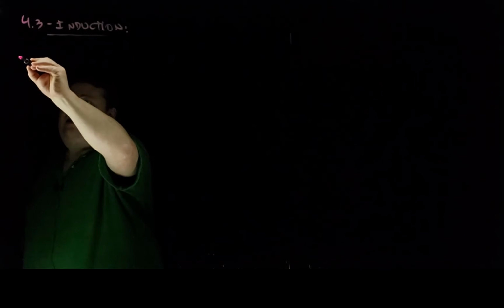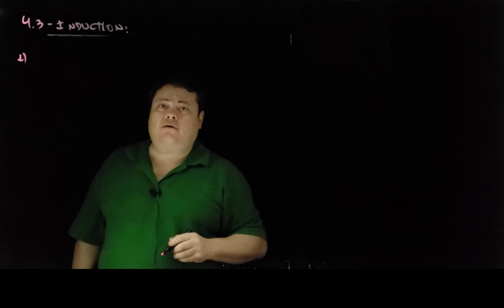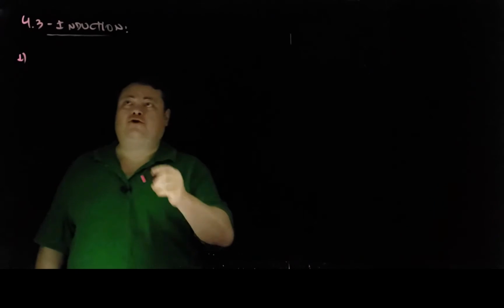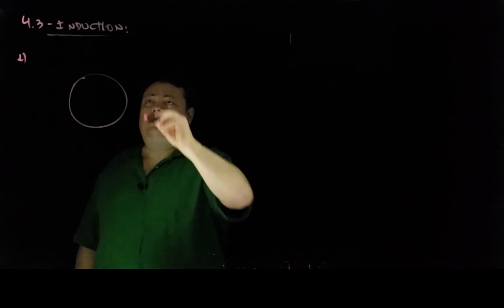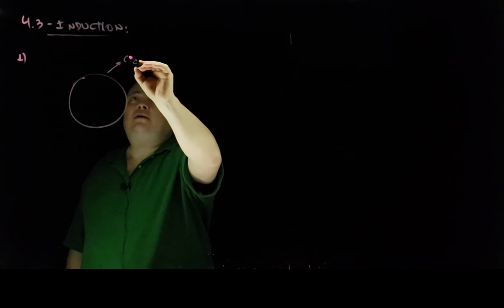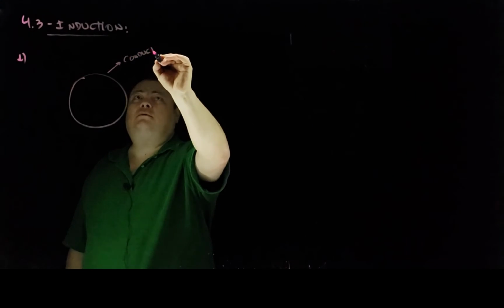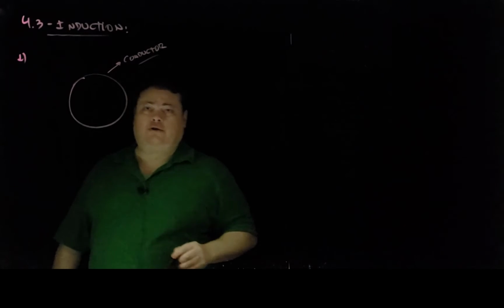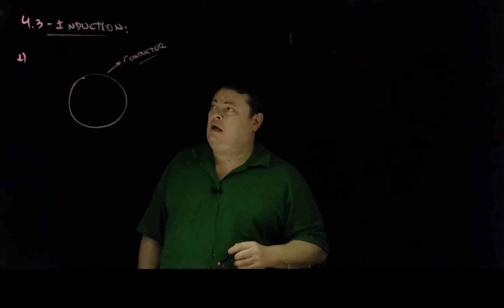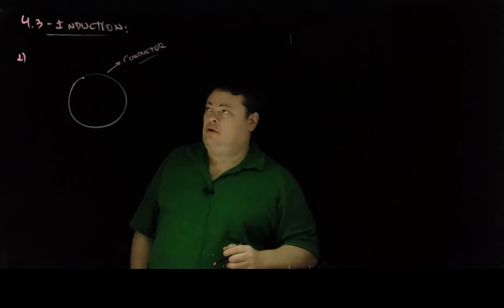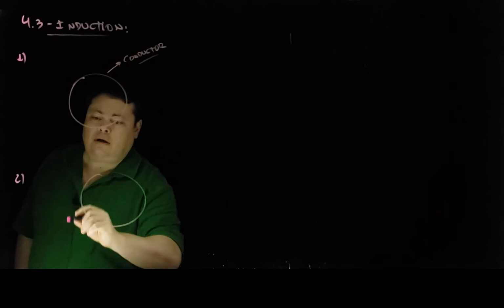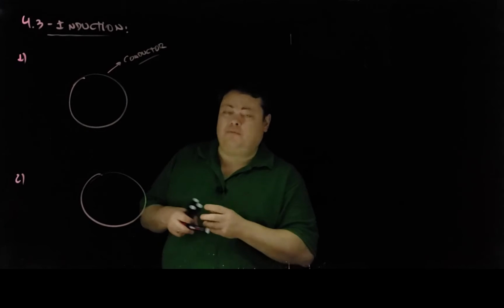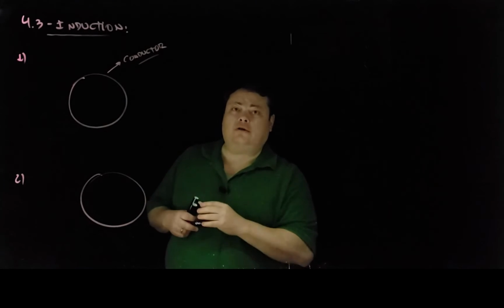In my first step, I have the object I want to charge, let's say a sphere, and this object must be a conductor. Okay? And then what I'm going to do is get a charged object close to the conductor.